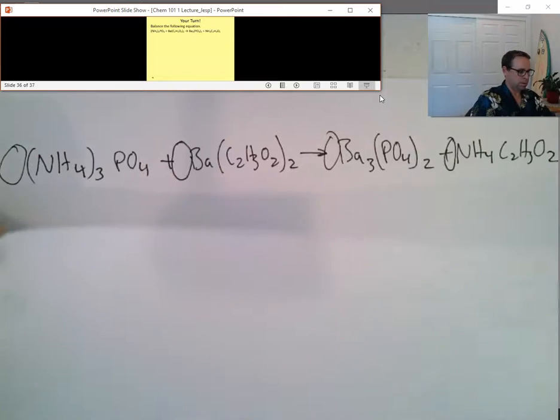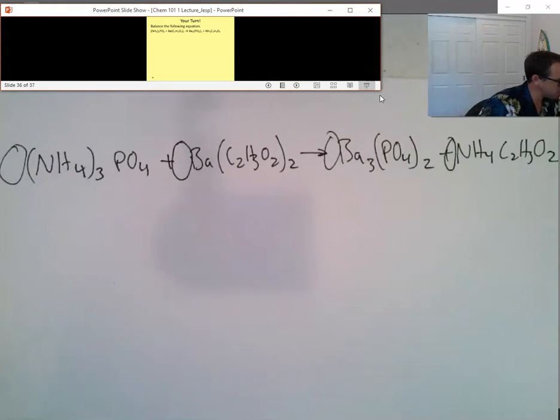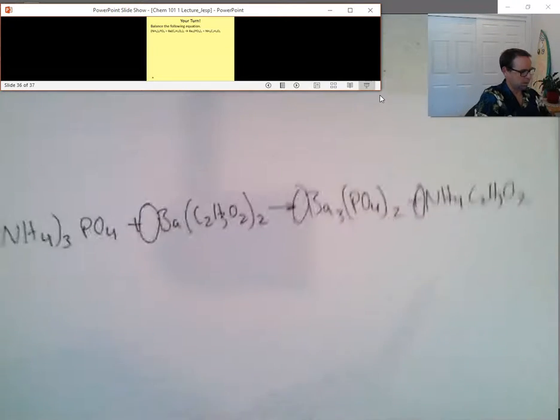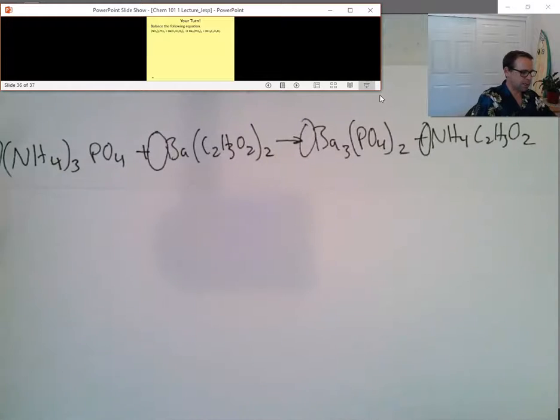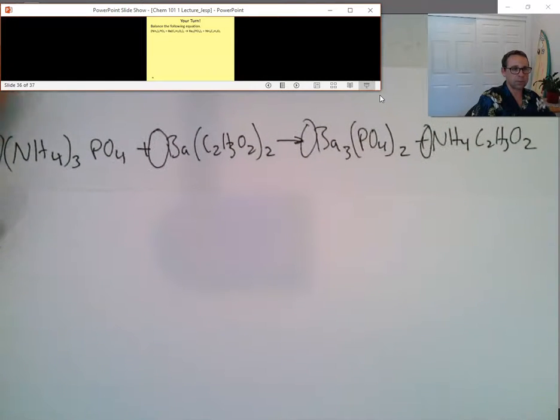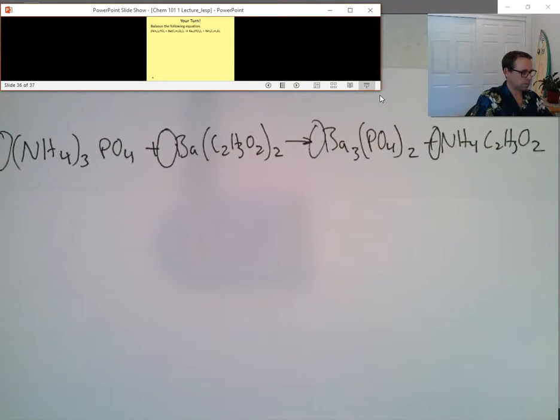Instead of making a list of all of those different elements, we look for clusters that are the same on the left and the right.